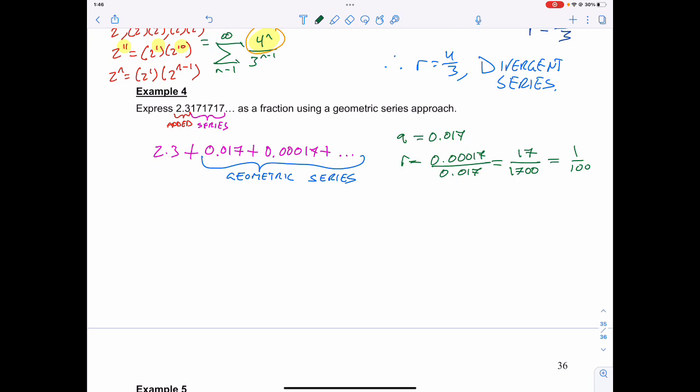And if r is 1 over 100, we know that this is convergent.